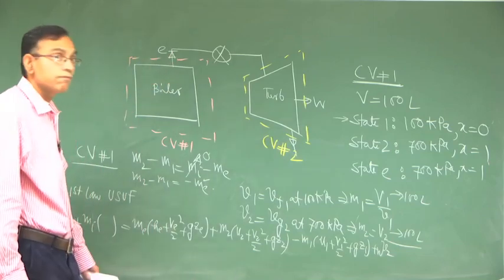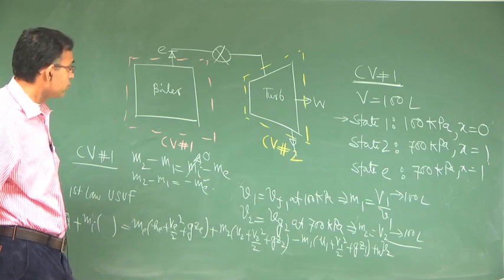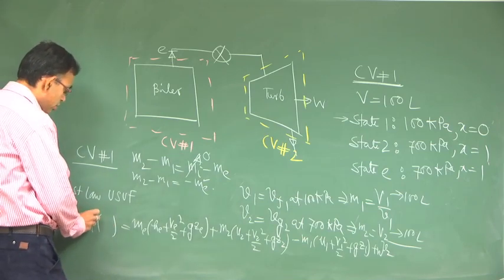Okay. So, now let us see what the values are. Mi is 0.